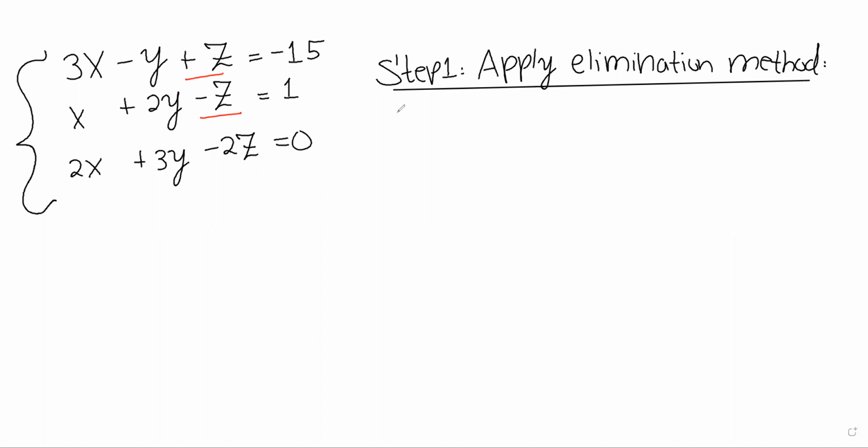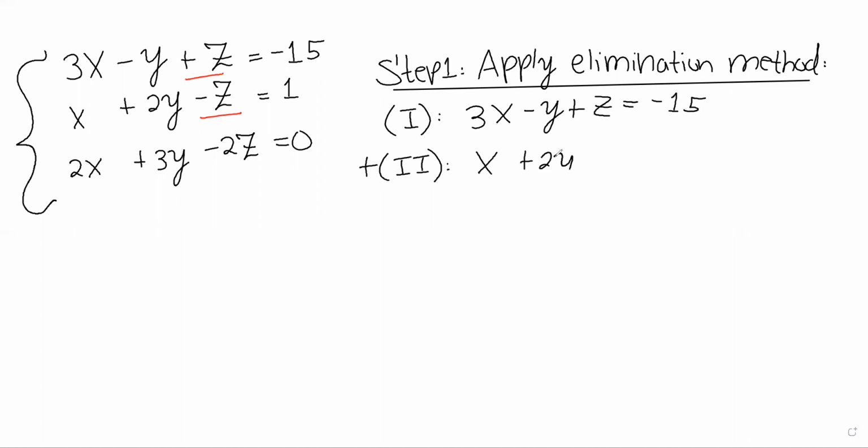So I will do simply equation 1 plus equation 2. So if I do this, 1 plus 2, notice how we get 3x plus x gives me 4x plus y.